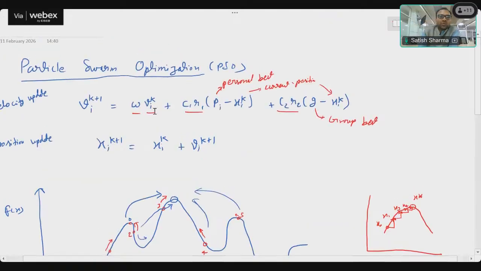So instead of keeping a fixed w, I can have a dynamic w: initially the w value will be very high, and then over the iterations I will start reducing this w, and I will give more significance to the group information. So this is cognitive knowledge, and this is social knowledge.